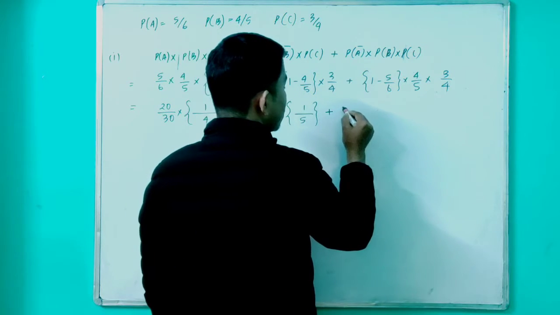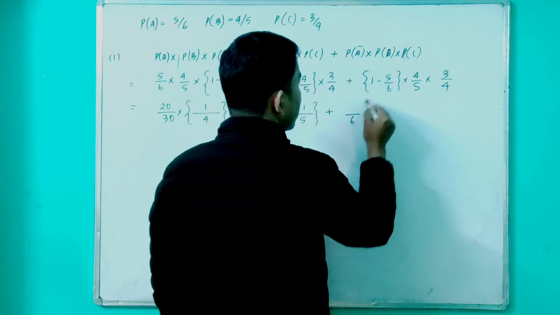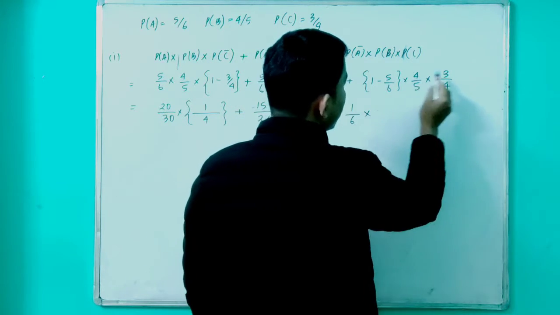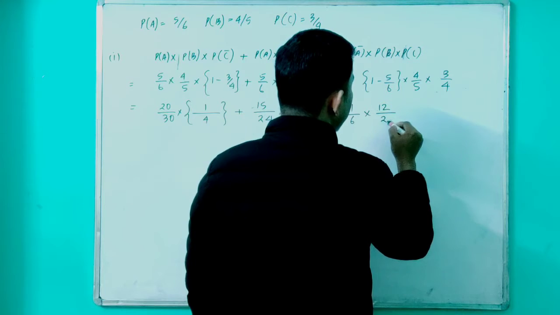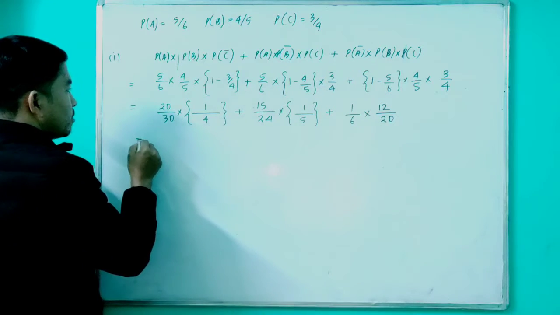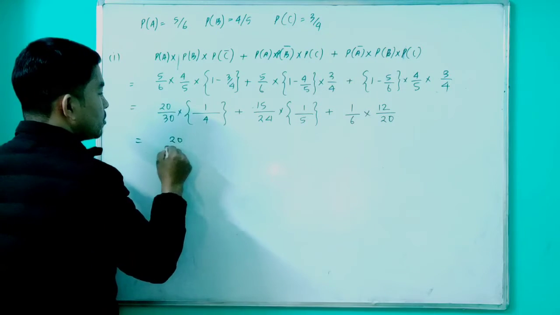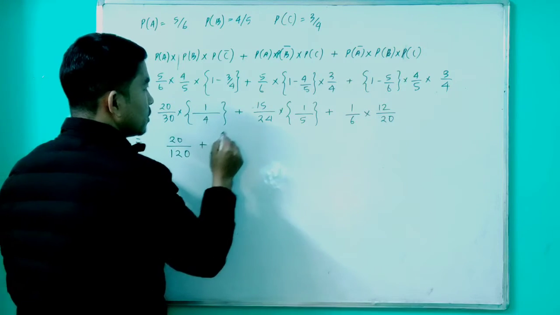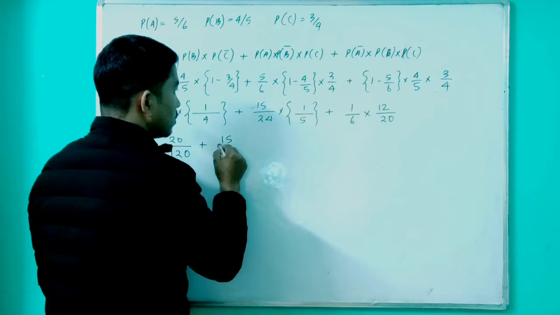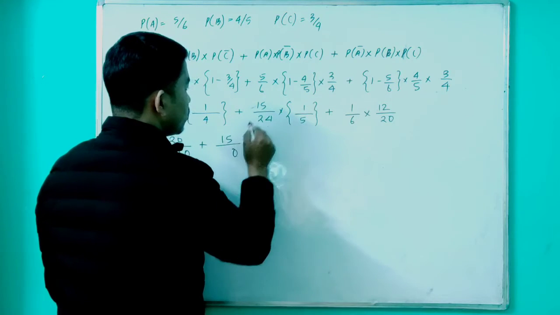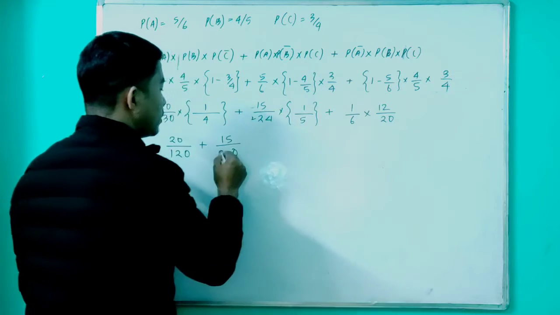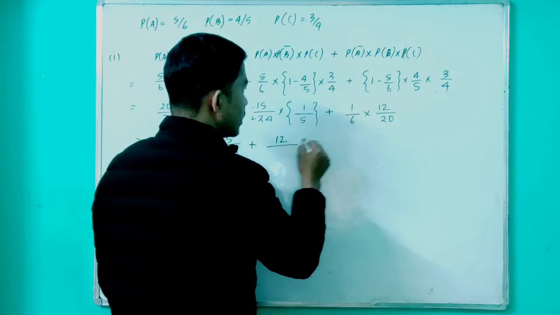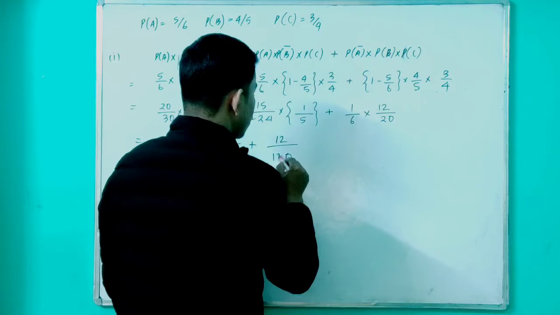And finally, plus 6 minus 1 is 5, times 5 times 3, sorry, 4 times 3 is 12, 5 times 4 is 20. Finally I multiply these: 20 times 1 is 20 divided by 30 times 4, which gives 120, plus 15 over 120, plus 12 over 120.